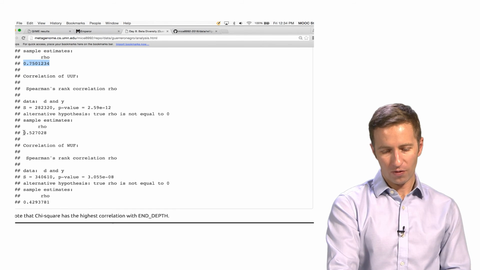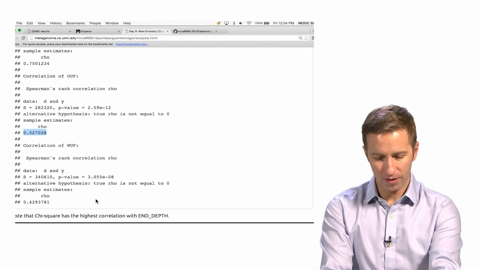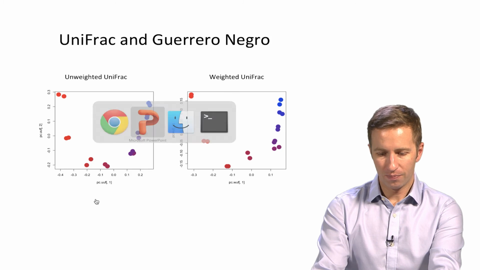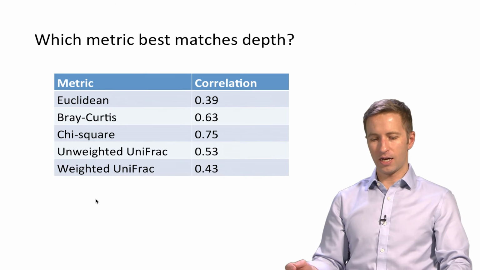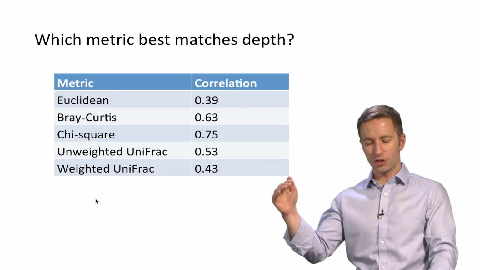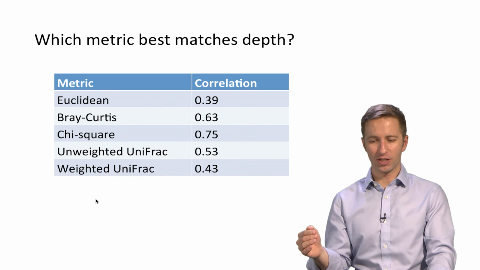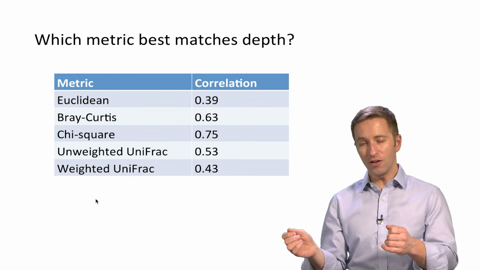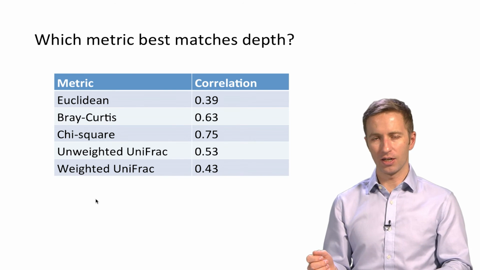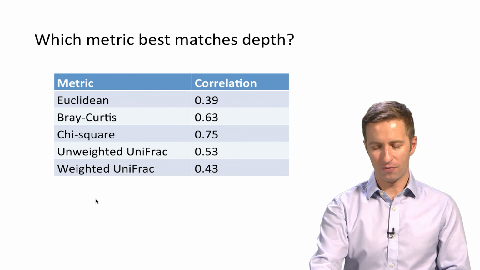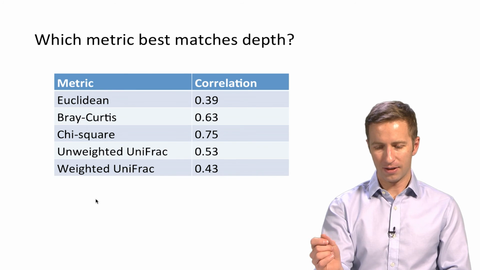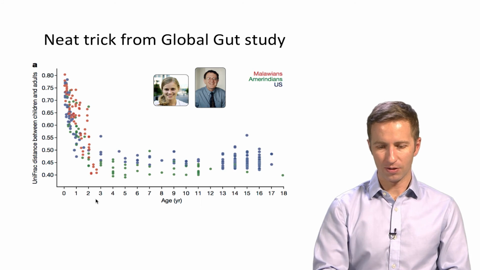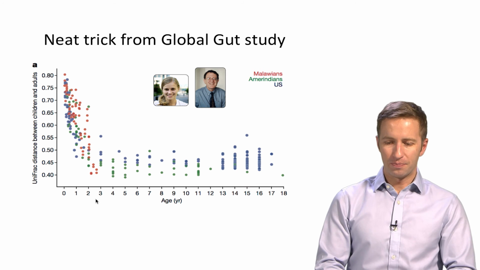We have 0.53 and 0.43. And so what you see here is that the chi-square actually does the best job of recovering the overall distances, even though it doesn't take into account the phylogenetic relatedness of the samples.